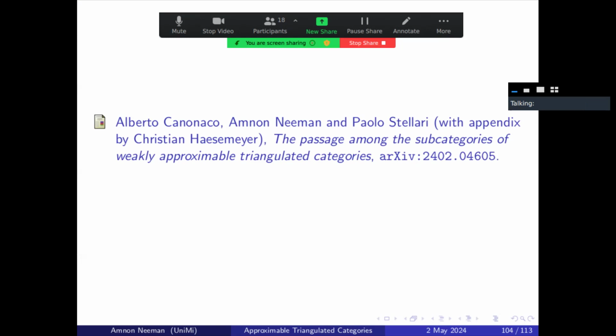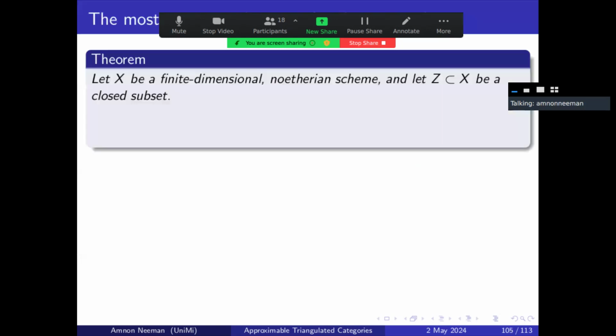And finally, for the last result that I want to mention, suppose X is a finite dimensional Noetherian scheme and Z is a closed subset.